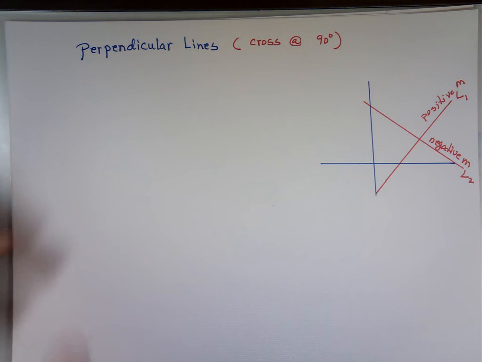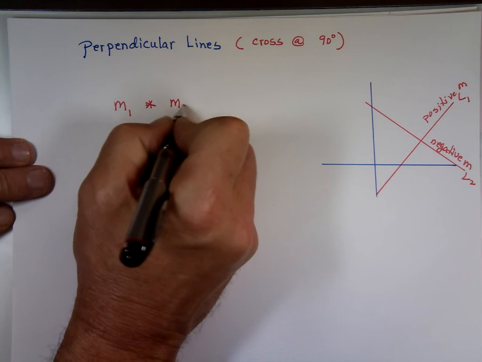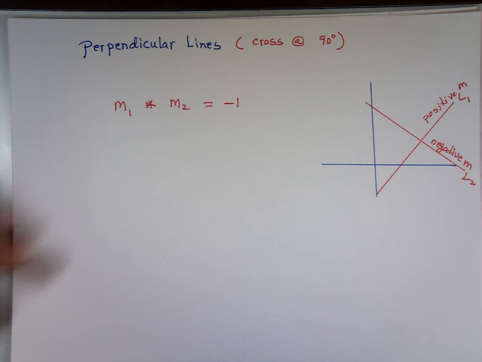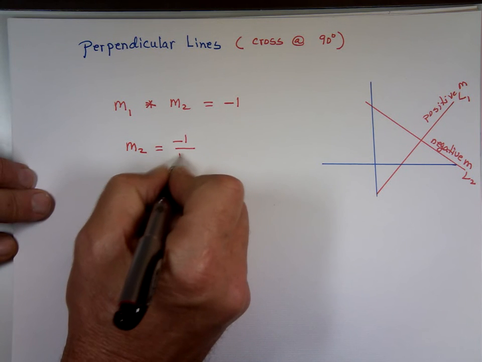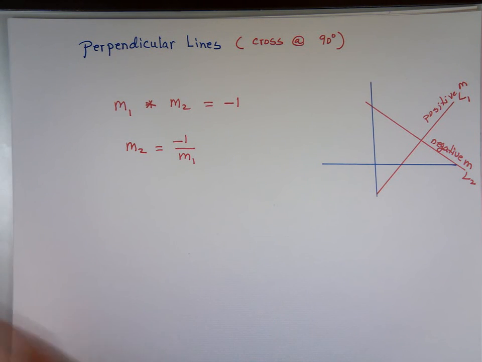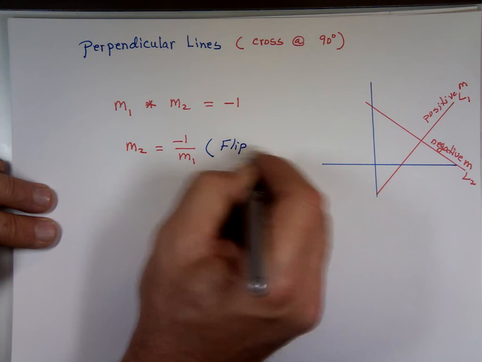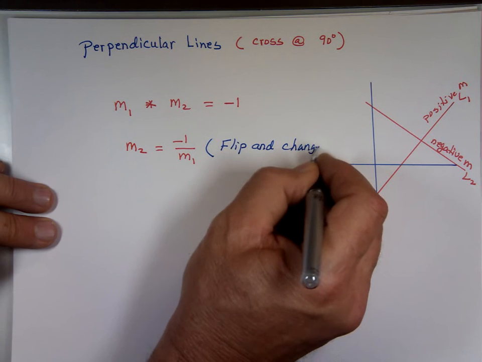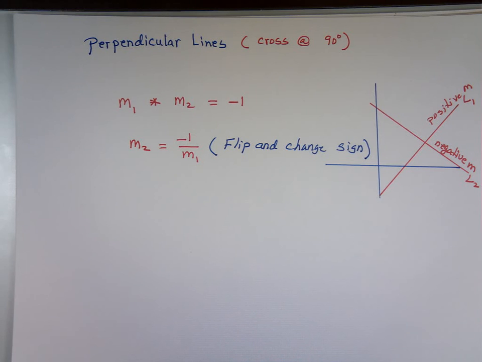But we found out if you take the slope of the first line and you multiply it by the slope of the second line, the result is always a negative 1. Or slope 2 equals what? Negative 1 over slope 1. As I said earlier tonight, all you got to do, flip and change the sign.